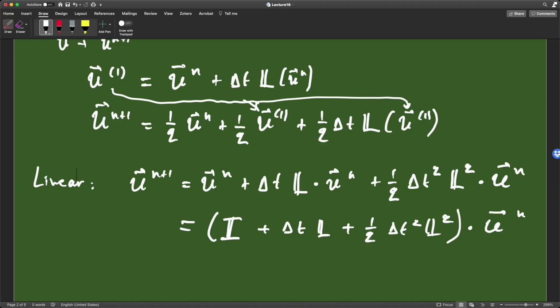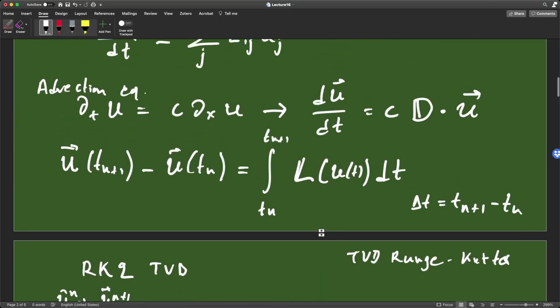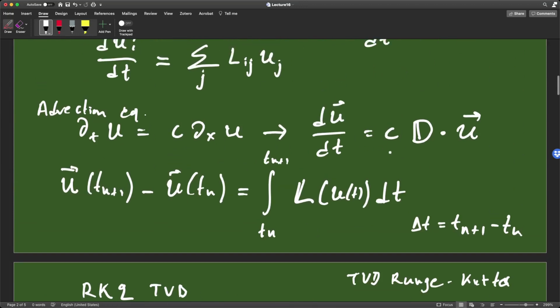So L, in the case of the Advection equation, for example, will be this matrix C times D, where D is the differentiation matrix, which we know how to compute for finite differences or for pseudospectral methods, Chebyshev collocation methods, and so on.